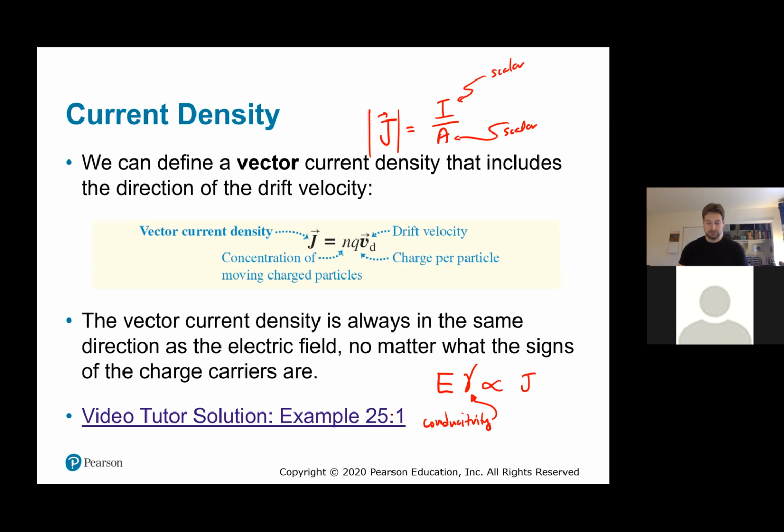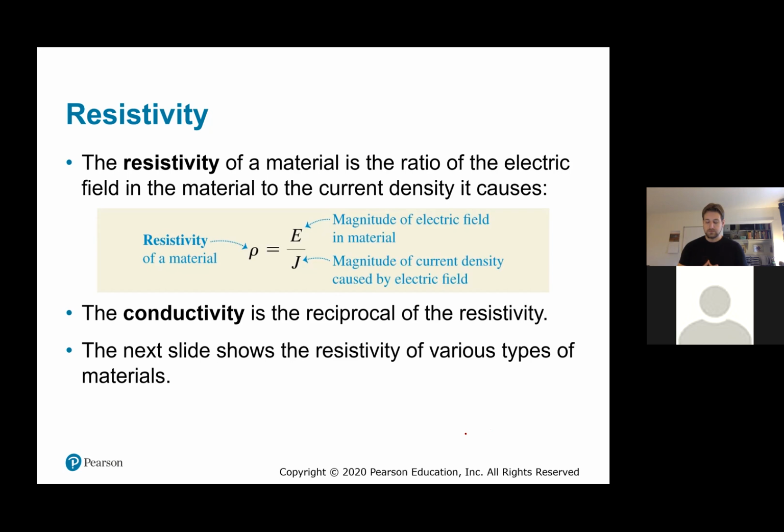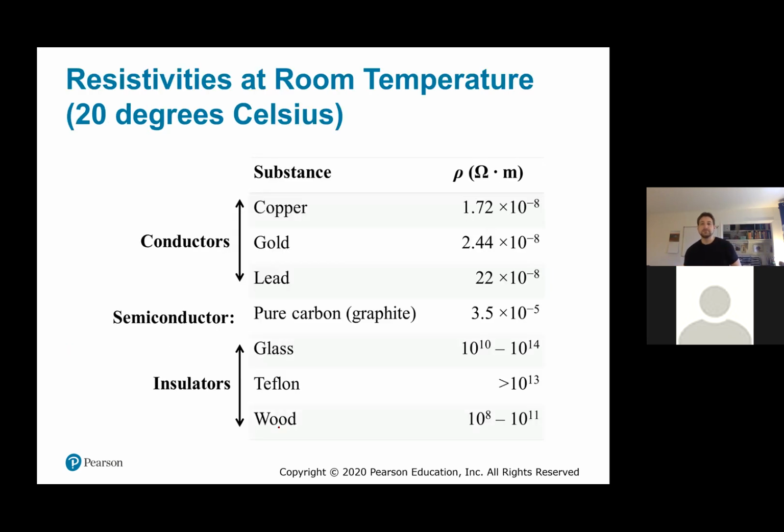So we need to set up an electric field so and so strong to get a current density J according to how much this material resists charge moving through it. Resistivity. What are some common resistivity values? I'm so glad you asked. Here are some.